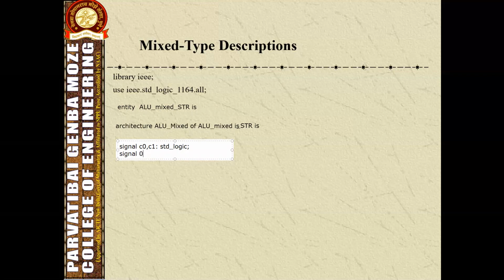Signal P, comma G, which is unsigned, 2 down to 0. Another signal I have to mention is M1, which is unsigned and has 6 bits, so for 6 bits we write 5 down to 0.